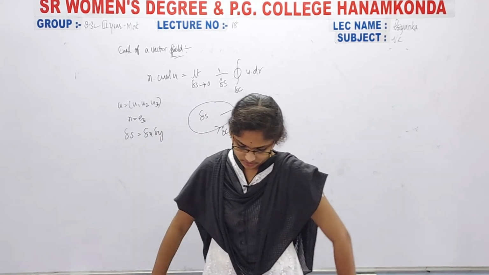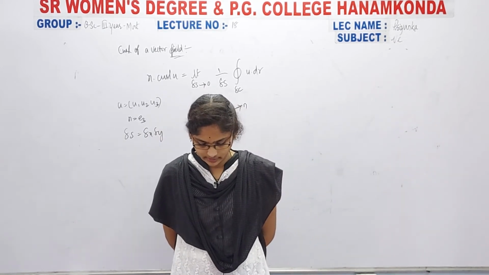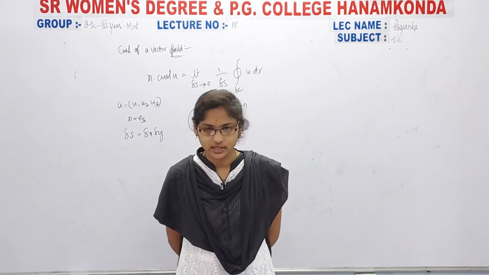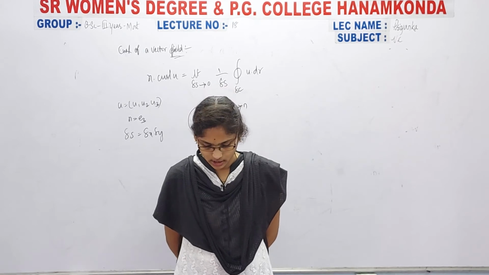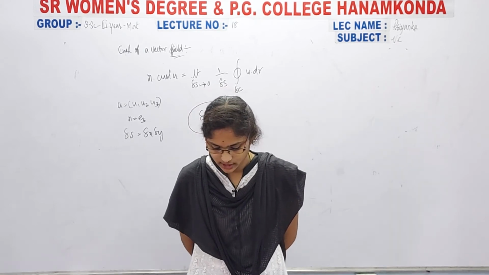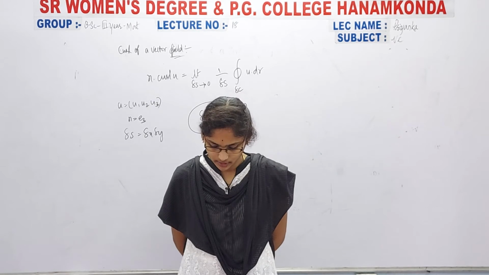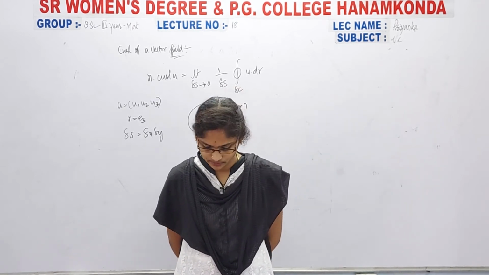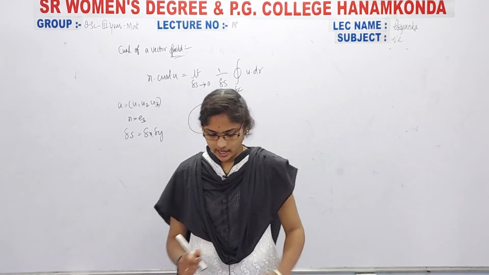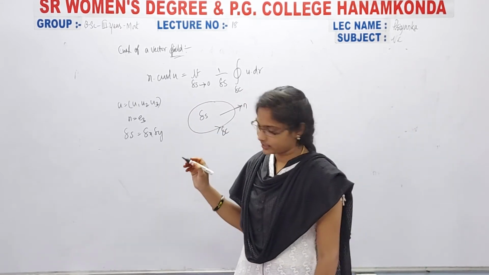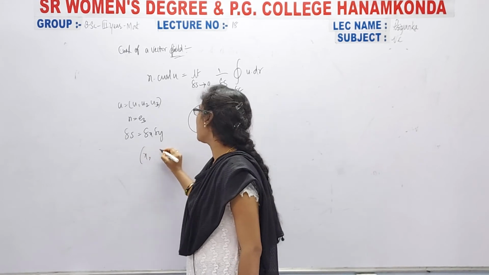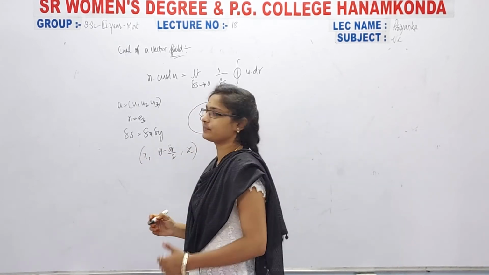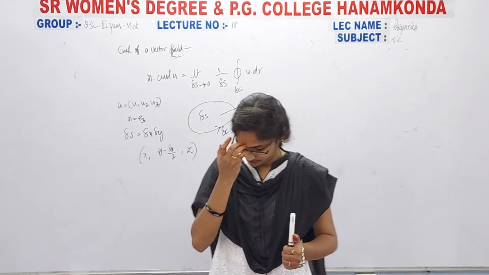Next line, the section C1 of the line integral, which has its center at the point x comma y minus delta y by 2 comma z.